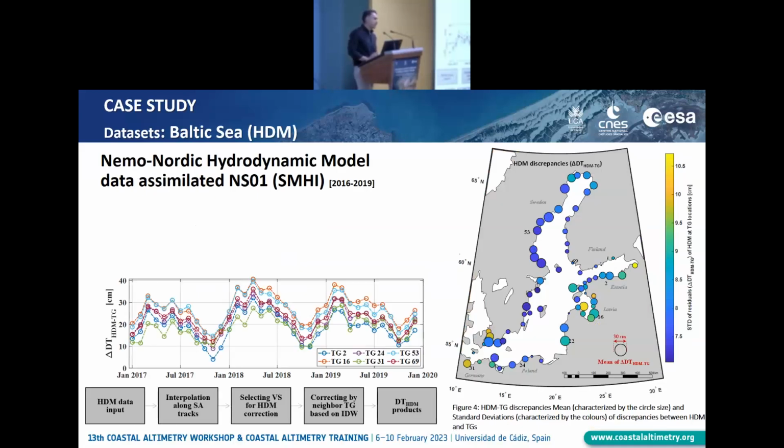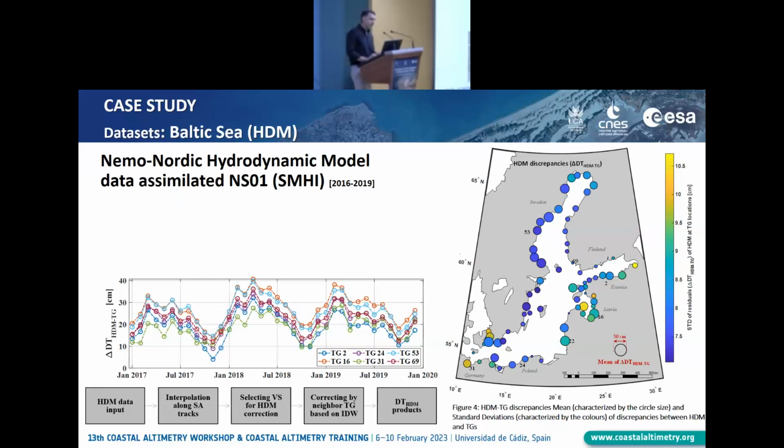And the hydrologic model we used was the data assimilated hydrologic model by SMHI. Here you can see the error between the model and the tide gauge at the location of the tide gauge during this time period. The seasonality can also be seen from the figure.